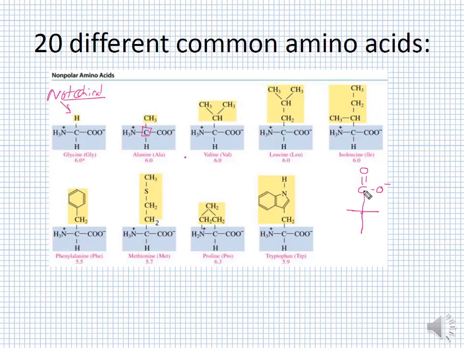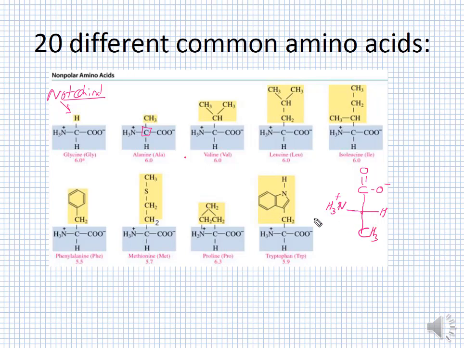Here we have the carboxyl group, the alpha carbon, the amino group. In a conventional Fisher projection, the nitrogen that's attached to this alpha carbon is always going to be on the left. So here we have the nitrogen, here's the hydrogen. The side chain is down here.